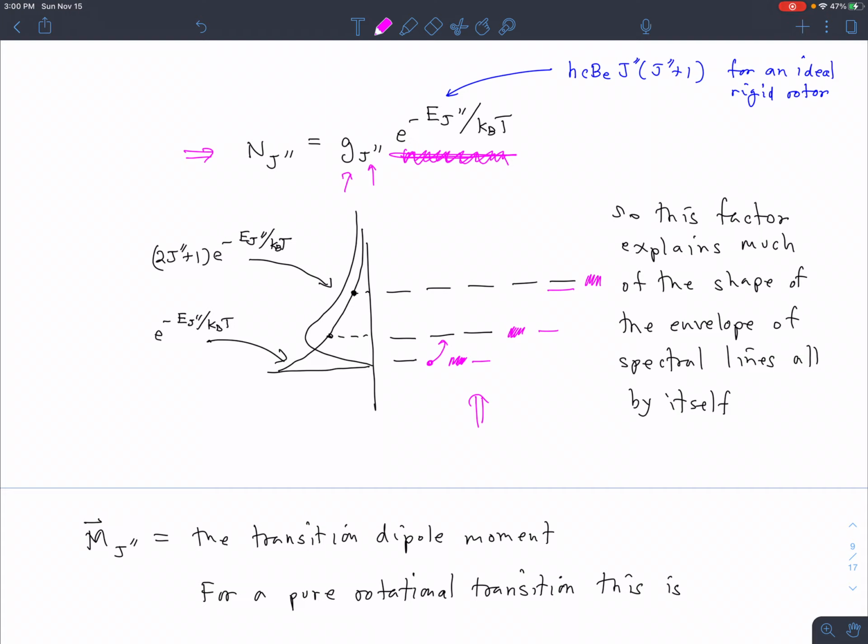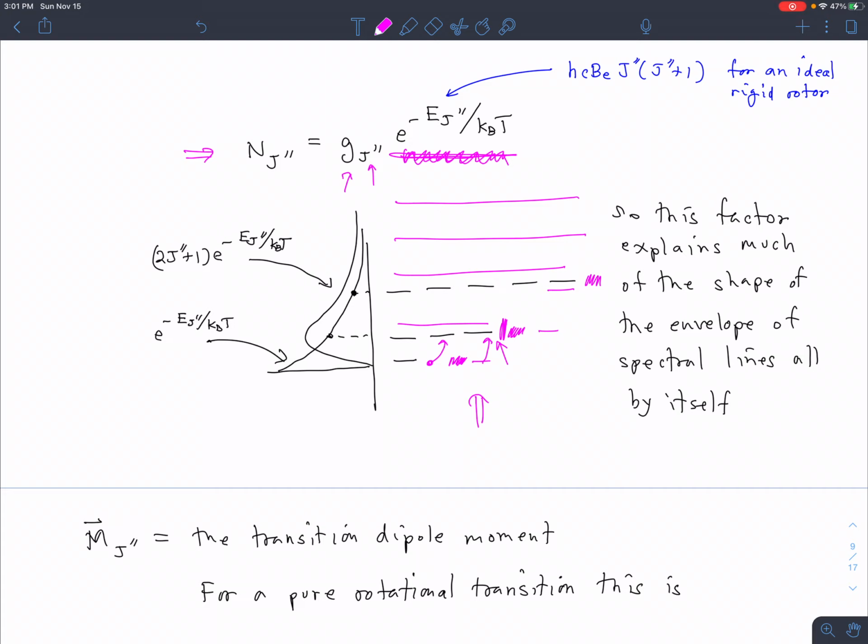The net result, all right, so it's less probable that you'll make the transition, but there's 3 states here, and there's 5 states here, and there's 7 states in the next level, and 9 states in the next level. So there's more states to occupy, and that also affects how likely you are to be found somewhere in this whole level rather than just any one state.